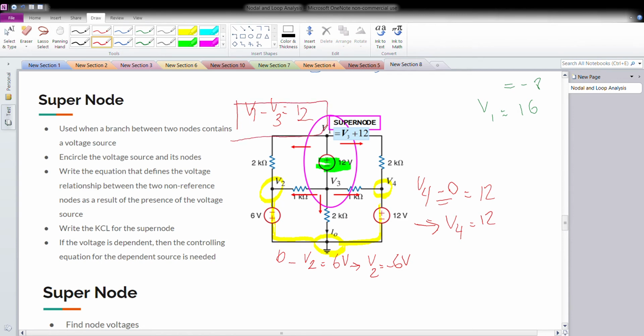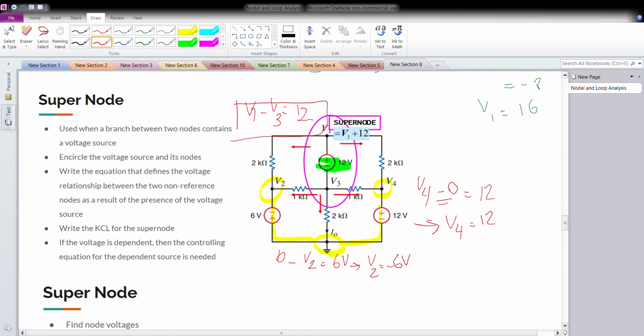The other thing you're going to do is treat this whole supernode, which has a pink circle around it, as one node, and then you're going to write your KCLs off of that node. All of these arrows that are in red are going to be your KCLs at this node. Basically what we're doing by treating this as a supernode is we're assuming it's just one node.